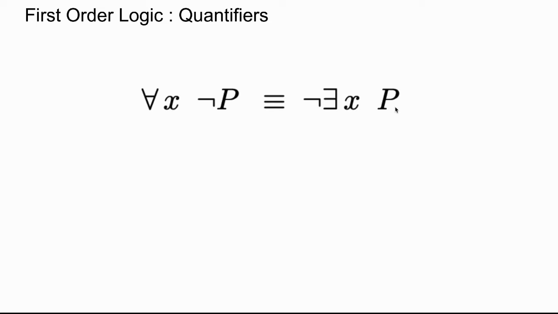Okay, so what does the left hand side say? Left hand side says for all x, not p is true, which means for all x p must be false.